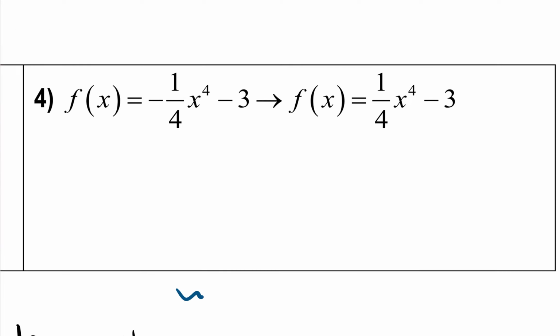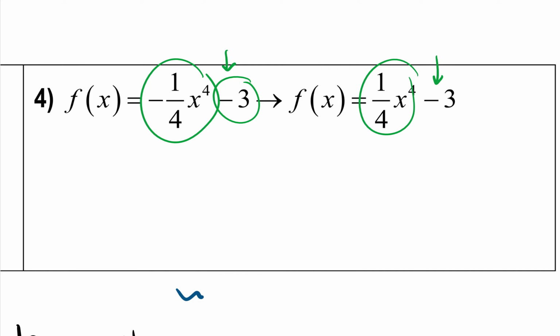Now let's look at this one. Same thing. I have negative 1/4 x to the 4th and minus 3, and then I have positive 1/4 x to the 4th, so x changes signs. Then I have minus 3, and notice I still have minus 3, so that did not change.